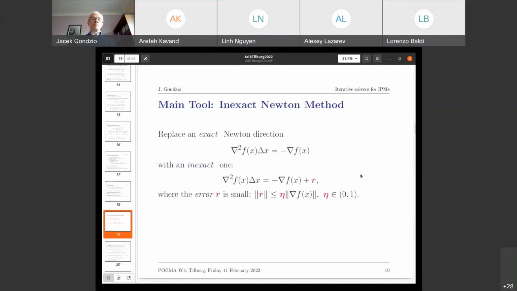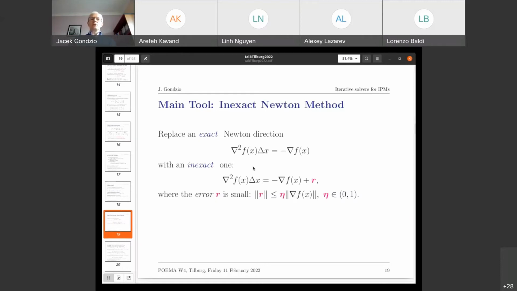The main tool that I'm going to use will be indeed the inexact Newton method, which means that rather than solving Newton equation exactly, we will allow that there is certain error in the solution, but we will ask for this error, R, to be bounded by the right-hand side, to be only a fraction eta of the right-hand side vector.